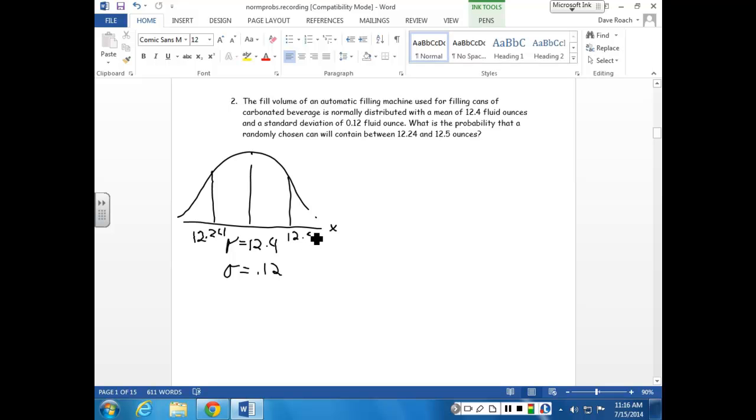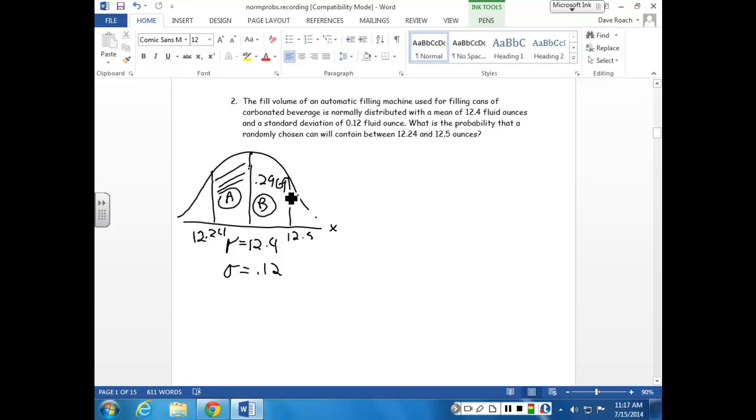Remember, everything has to be done relative to the mean. So I can get this area, which I'll call area A, and I can get this area, which I'll call area B. And since that's 12.5 to 12.4, I already know that one. That one's 2969. We just looked it up a minute ago.